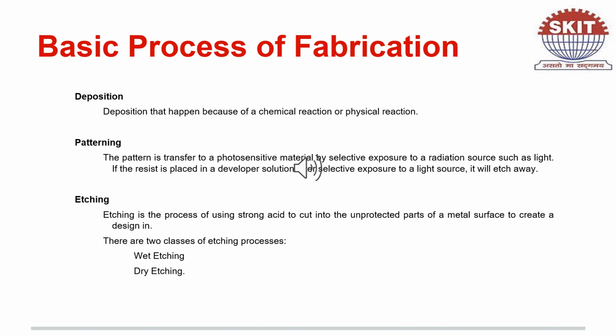Each layer and each material serves a distinct function. So in this unit you will know the overview of the deposition process and the various types of deposition used for microsystem fabrication.